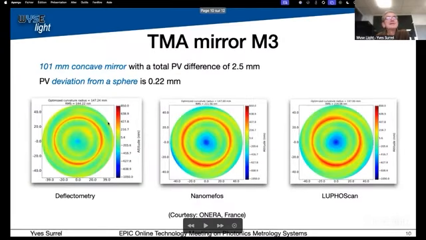And finally, the third mirror, which is a 100 millimeter concave mirror. The deviation from a sphere is still around 200 microns. Deflectometry for this mirror, surprisingly, gives a deviation to the nominal much lower than the two others that seem to agree together. And so this illustrates the problems that are faced by users.